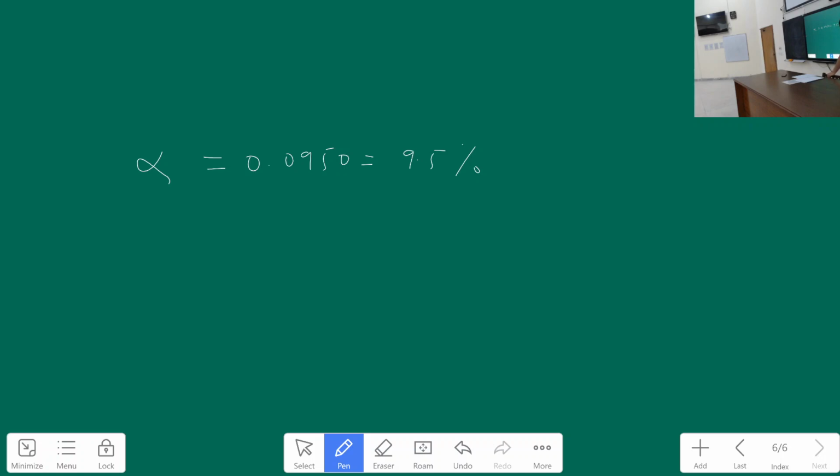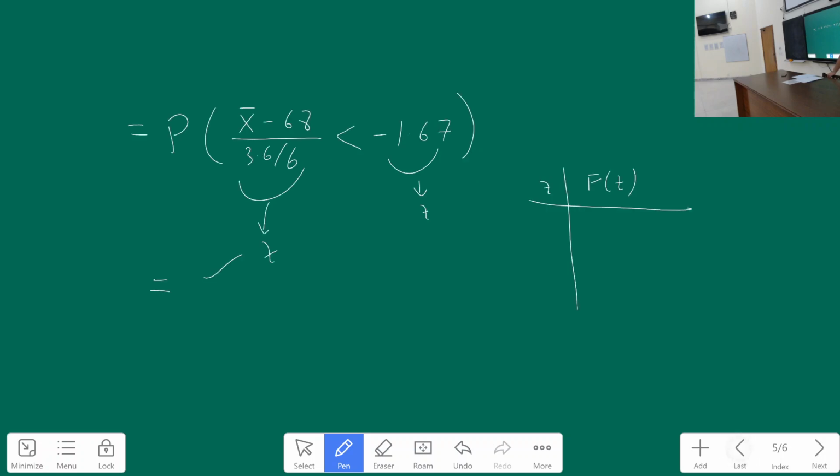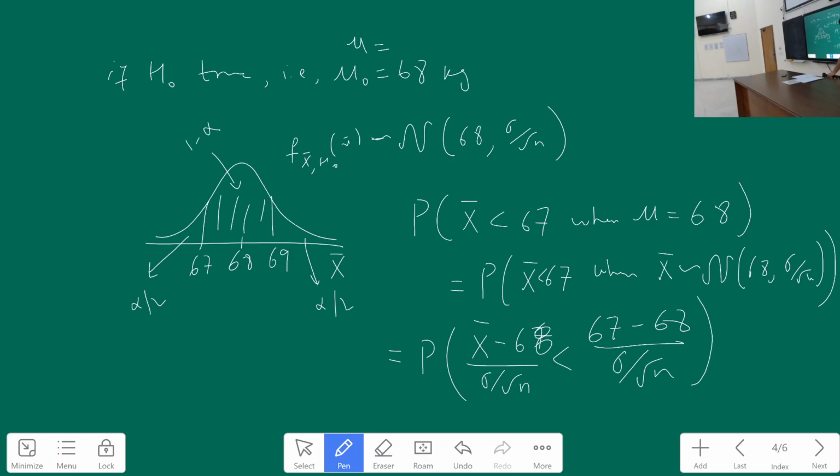Now, can I make this better? What do we have to do? If you look at it here, notice there is an n here. So if you increase the sample size, you will see that the variation becomes smaller and overall this value will go lower.